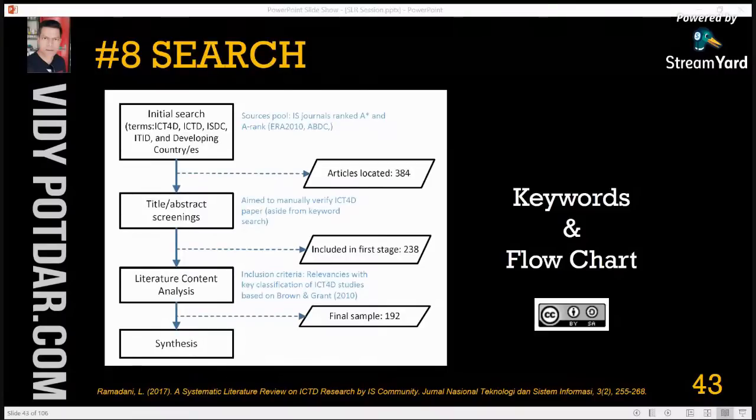Next was the screening. Look at the abstract and the title, and the numbers reduced from 384 to 238 because some papers were not relevant and they were excluded. Literature content analysis was done, and then it comes down to 192. So that is the final sample that was selected in this paper.